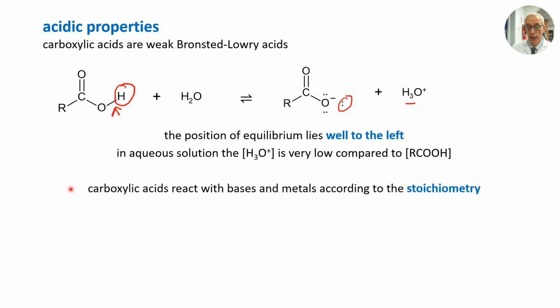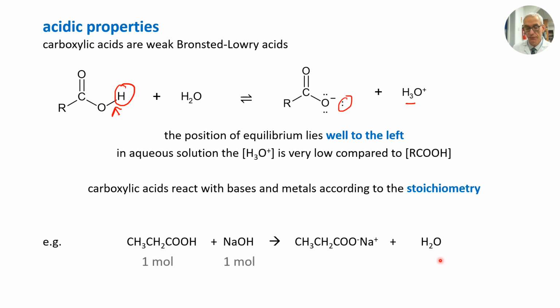However, carboxylic acids react with bases and metals according to the balancing of the equation, that is the stoichiometry. So for example, if we took propanoic acid and sodium hydroxide to make the salt and water, then the reacting ratio is 1 mole of propanoic acid reacts with 1 mole of sodium hydroxide.